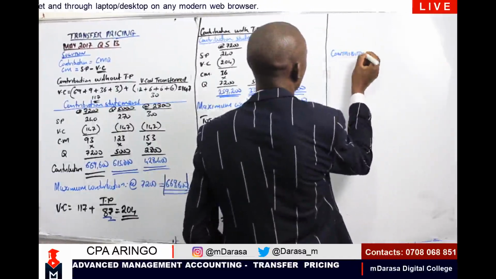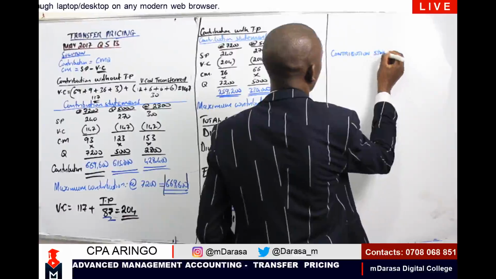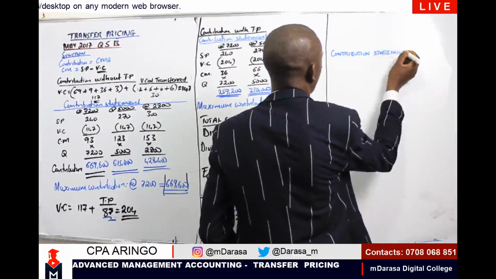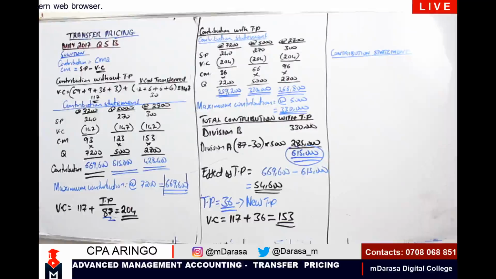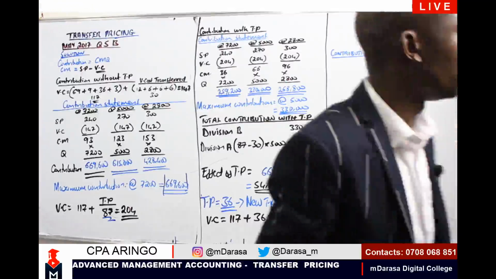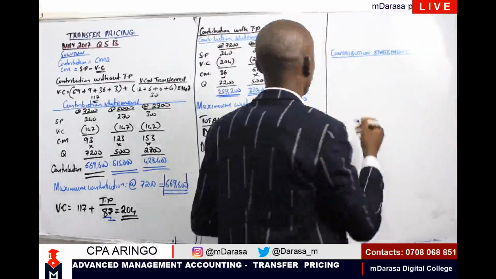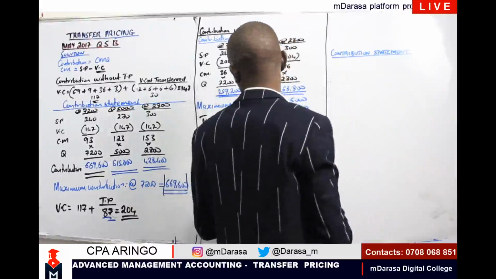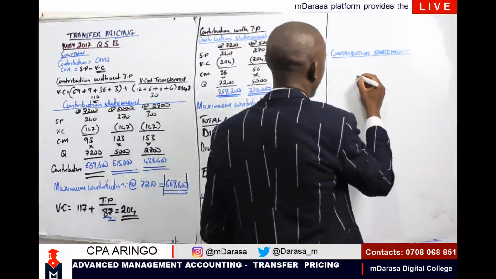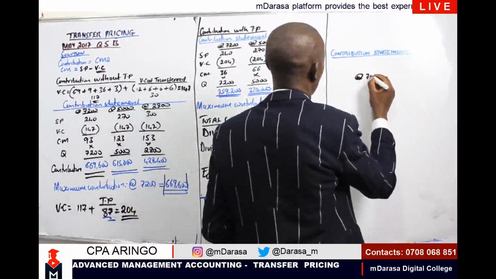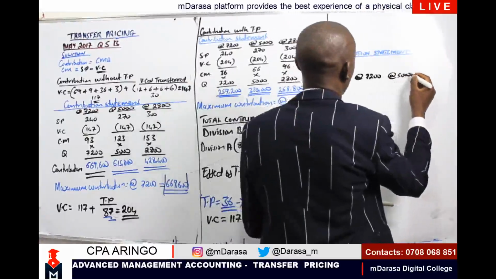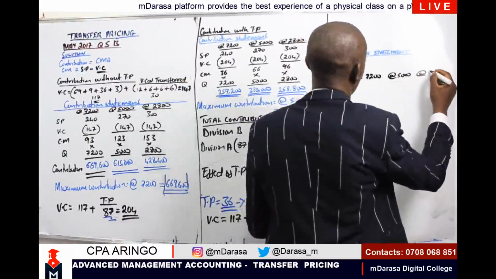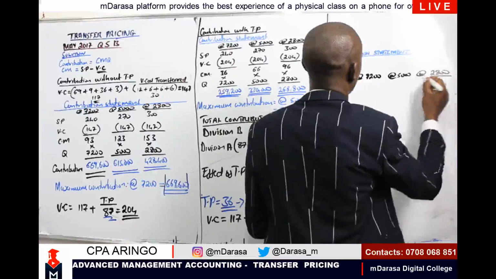Looking at our contribution statement, this is what we should have. I'm using the same concept, considering 7,200, 5,000, and 2,800.